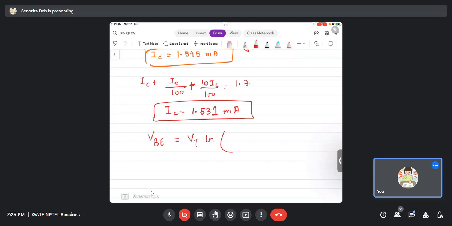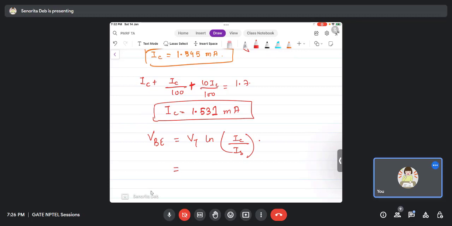log IC by IS. So we start from assuming VB, we find IC from the KVL equation, then we put IC in this logarithmic equation, we find VB. Now if you find VB, you will get 0.026 natural log of IC, 1.531 milliamps, upon IS, 5 into 10 to the power minus 17 ampere.